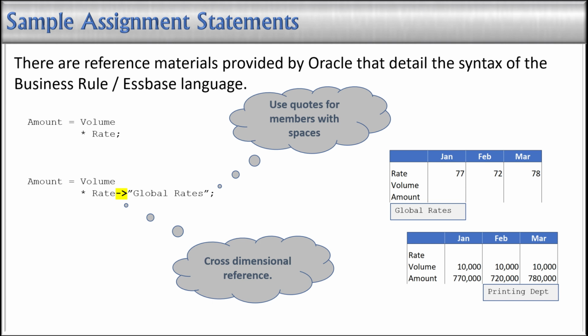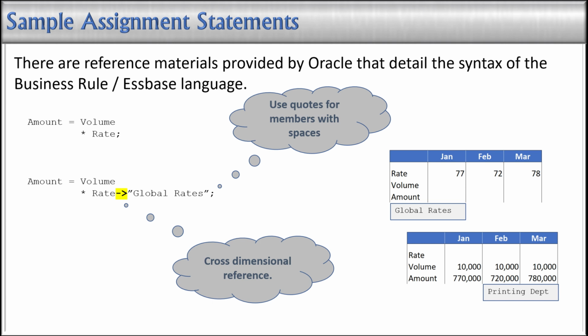In Essbase, a block is analogous to a tab or a worksheet in Microsoft Excel. In some cases, you want to pull data in a formula that's all from the same tab. In some cases, for example, here global rates might be stored in a separate tab from the volume and the calculated amount.